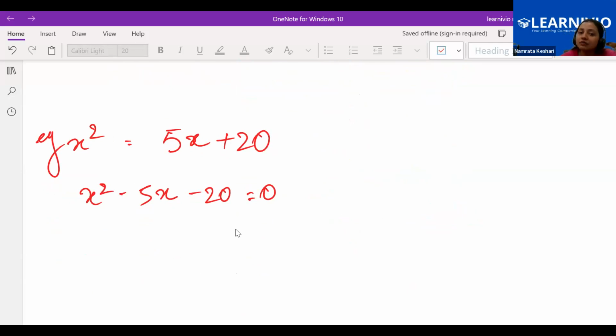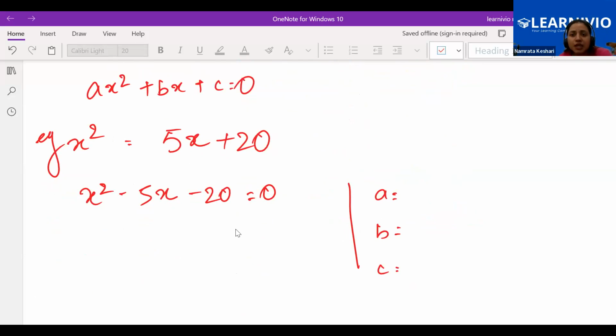Now, can you tell me, if I ask you what is A, what is B, and what is C? Can anyone tell me? What will be A, what will be B, what will be C, if we compare it with the standard form, that is ax square plus bx plus c is equals to 0? A is 1, B is minus 5, and C is minus 12. Perfect.